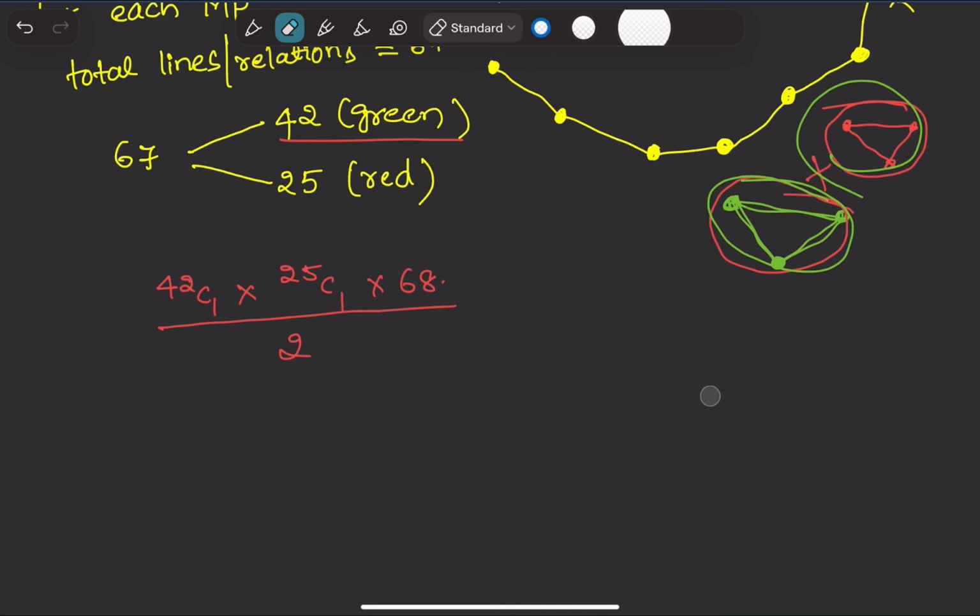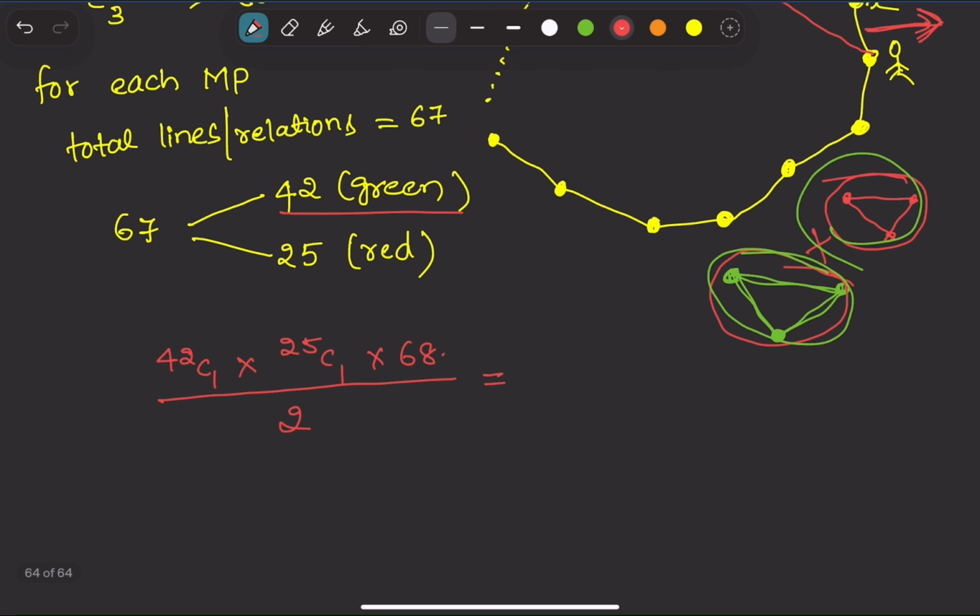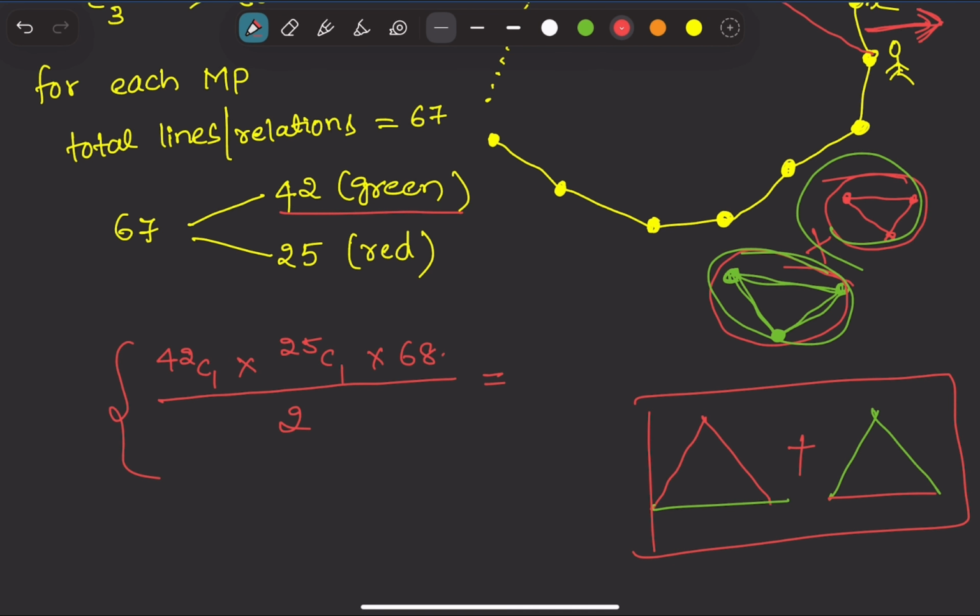So let us see what this gives us. This gives us all the triangles of this type and all the triangles of this type. So the number of triangles of this type plus the number of triangles of this type will be given by this quantity. Let's calculate what this is.